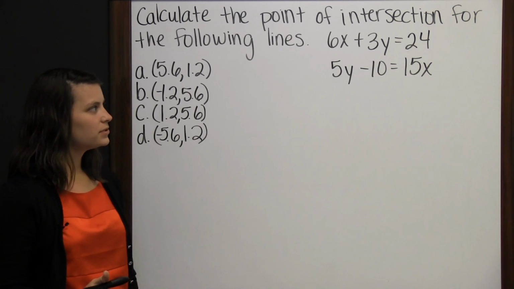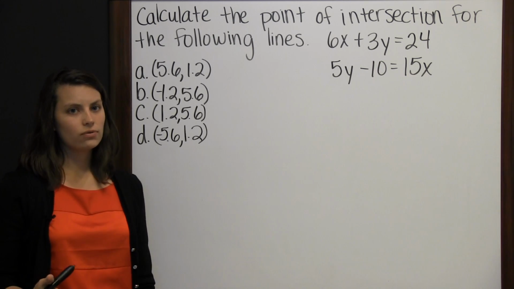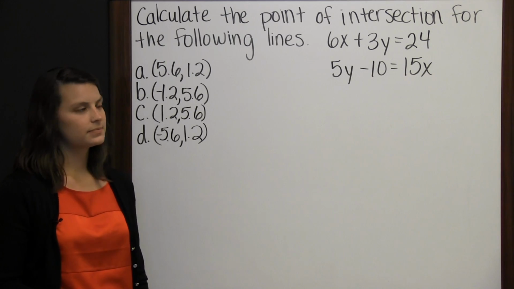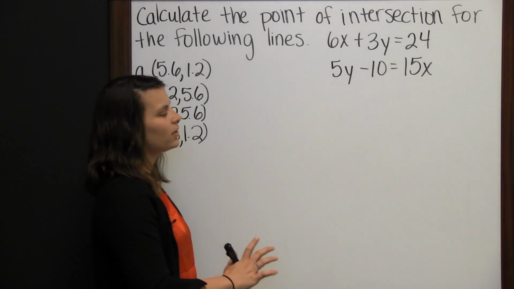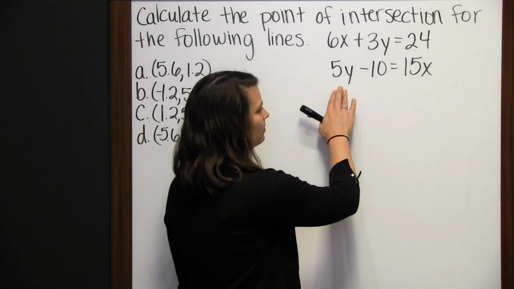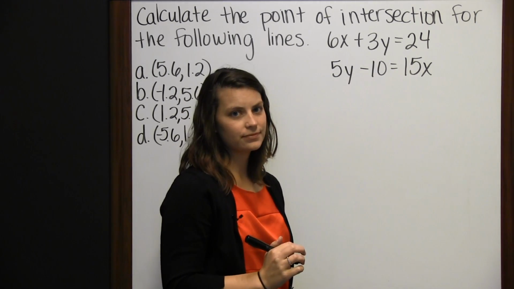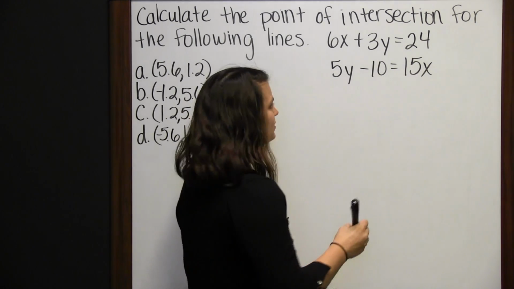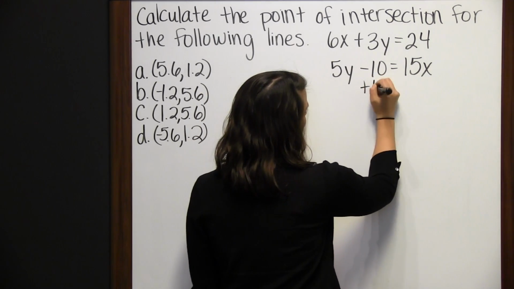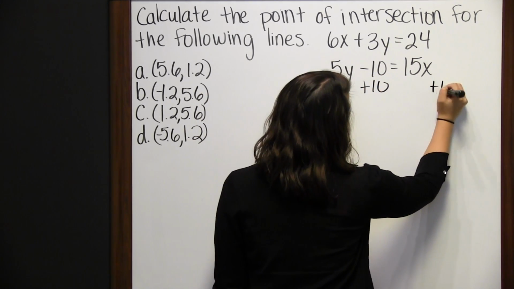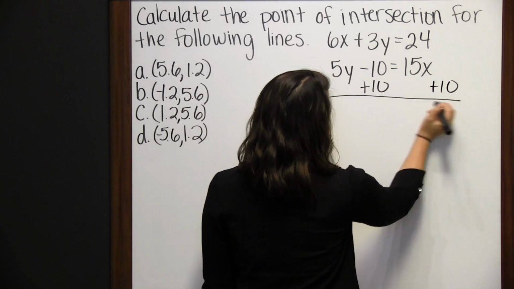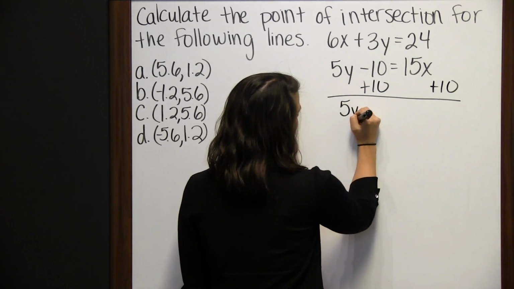And in order to substitute, I need to solve for one of my variables. Looking at my two equations, it looks like it's going to be pretty easy to get y alone in this second equation. And I'll do it in 2 steps. First, we add 10 to both sides. Bring down the 5y.